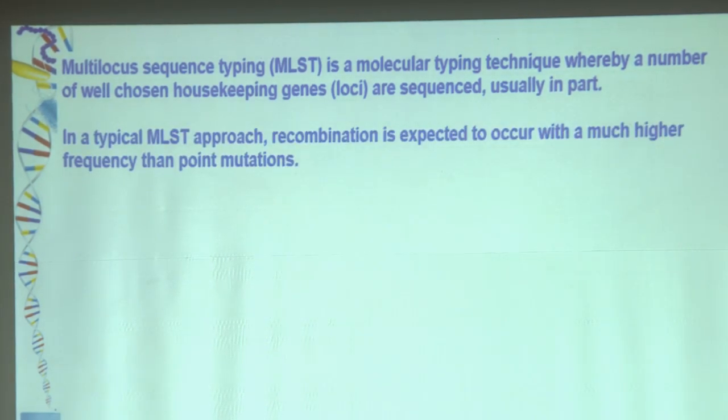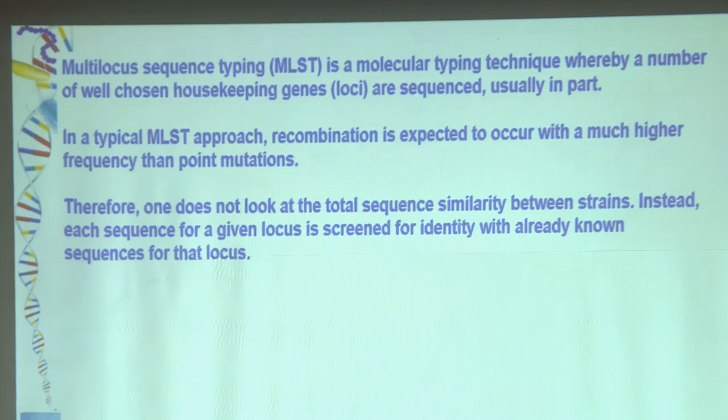In a typical multi-locus sequence typing approach, what is exploited is the recombination is expected to occur with a much higher frequency than point mutation. This is precisely exploited in multi-locus sequence typing, right?